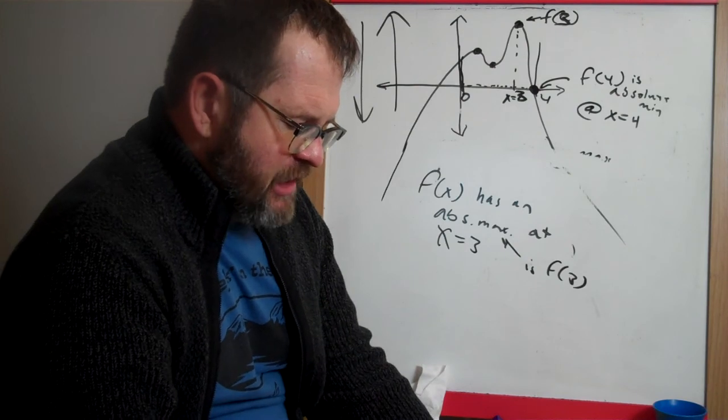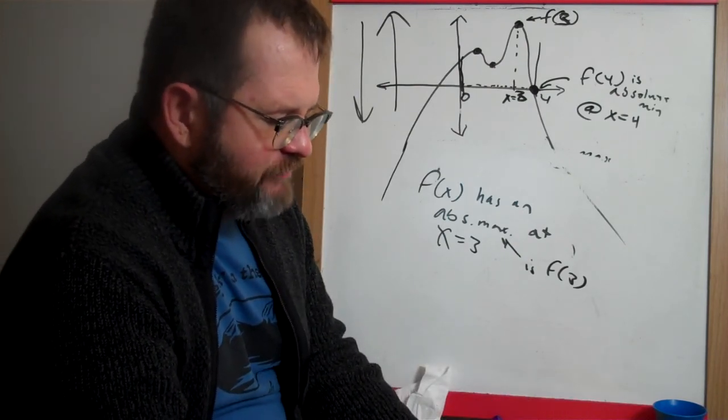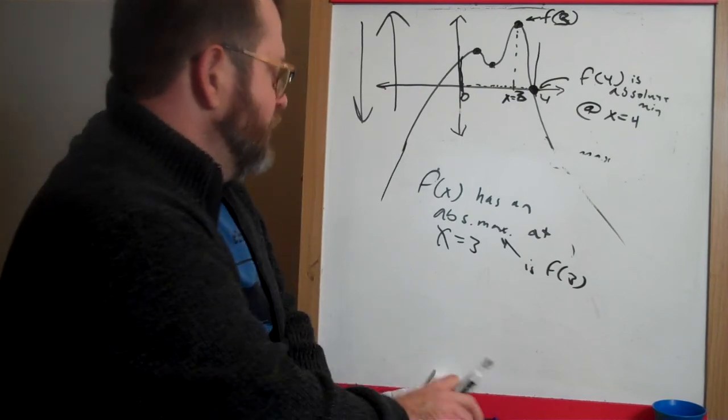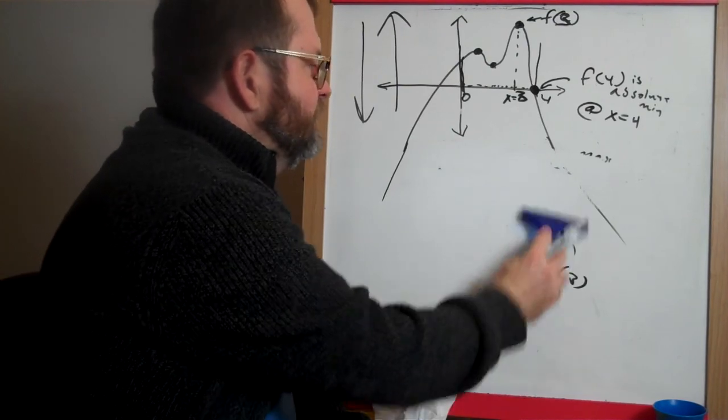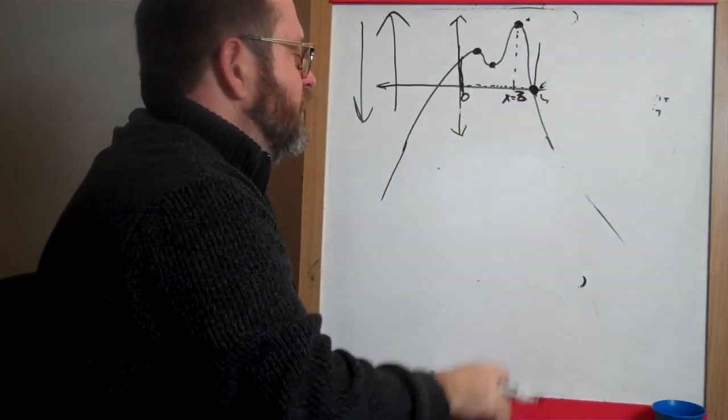Different textbooks use slightly different jargon to describe these things, and we want to make sure we're careful about that. At the bottom of page 1 of the handout here, we give you a way of writing the actual definition of absolute maximum and absolute minimum. So here we have this interval from 0 to 4.